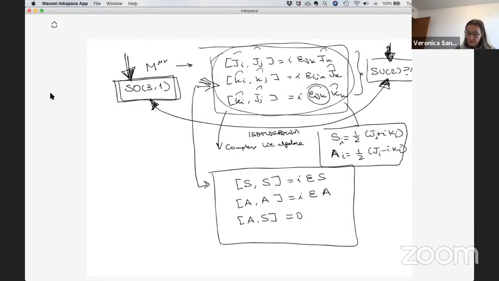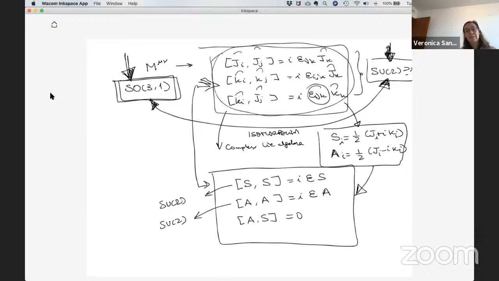We've rewritten these rotations and boosts in this particular way, two new linear combinations. And in terms of those S and A, we find that the real, intimate Lorentz structure at this Lie algebra level is one SU2 and another separate SU2. These S's and these A's each span the SU2 algebra.